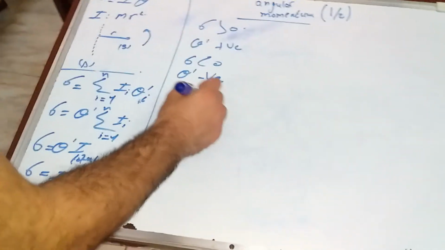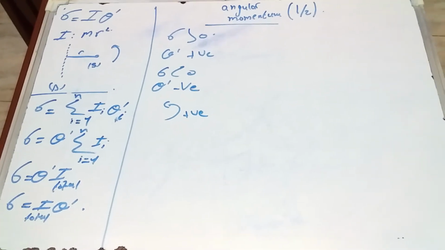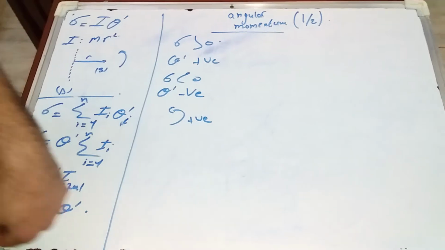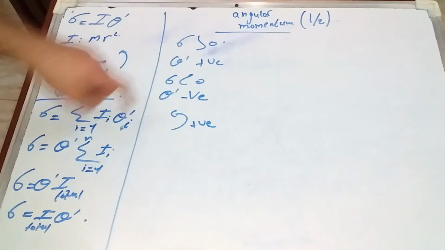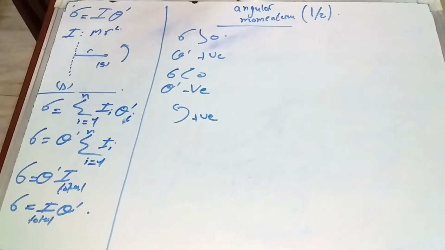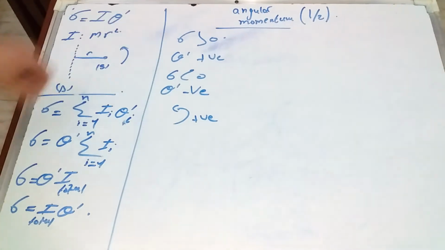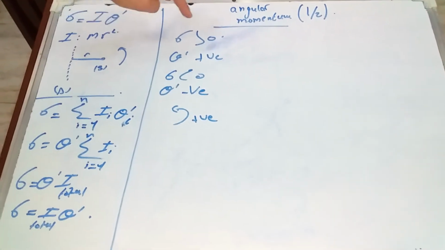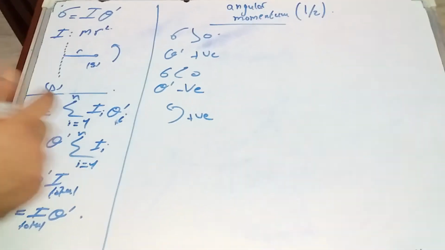So if the particle is heading in the negative chosen direction, sigma will be negative. And if the object is heading in the positive direction, then sigma will be positive. So sigma is an algebraic quantity depending on the angular speed.